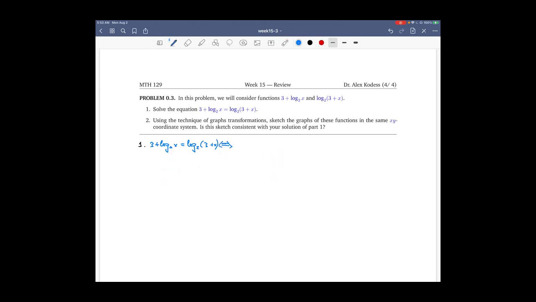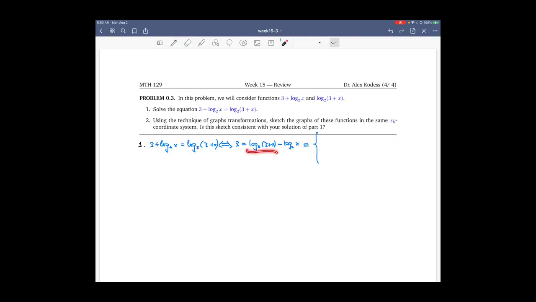I can write the equivalent symbol. 3 equals log base 2 of 3 plus x minus log base 2 of x. This here is equivalent to a whole system of conditions.